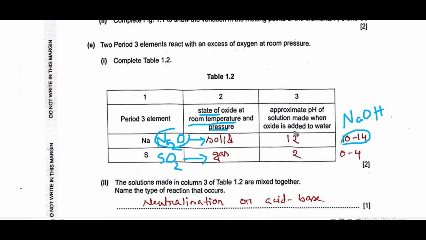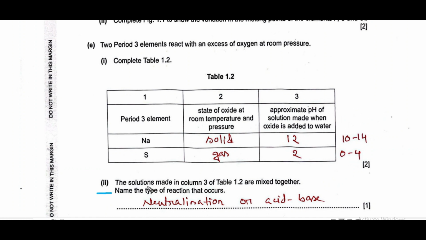I write here 12, or you can write 13 or 14, you will get marks. Sulfur dioxide reacts with water to produce sulfuric acid. Sulfuric acid is a strong acid, its pH will be 0 to 4. So I write here 2, you can also write 3, you will get the mark.